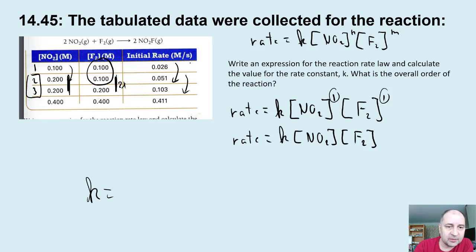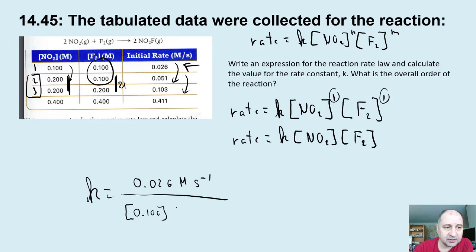Let's pick this first one here, which is 0.026 mol per second, divided by the concentration of F2, which is 0.100, times the concentration of NO2, which is 0.100. I should put the units in M and M, so this cancels, and your units are going to be per mol and per second.